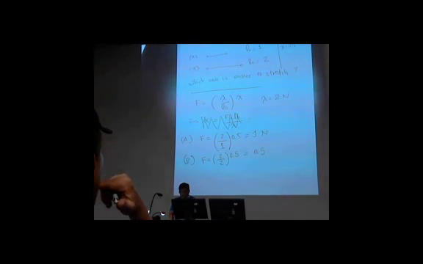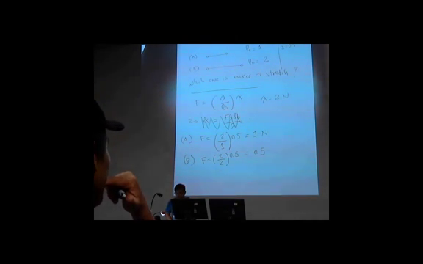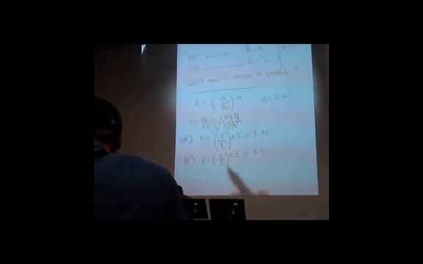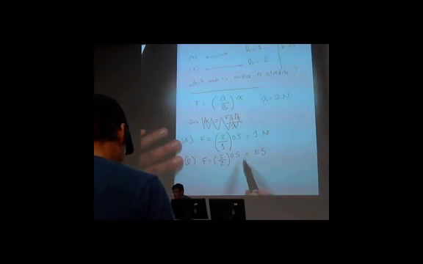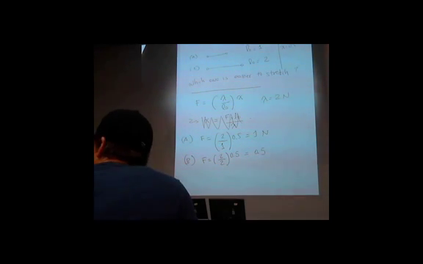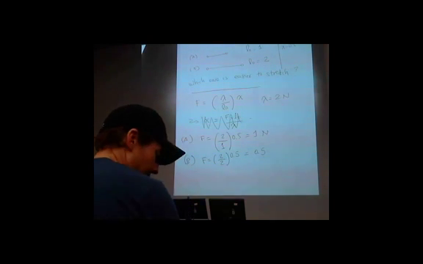I want this to make sense to you. Don't just accept it. If it doesn't make sense, please ask. We are just plugging in the values. Why? Because the stretch of an object really is proportional to the resting length. Does that make sense?